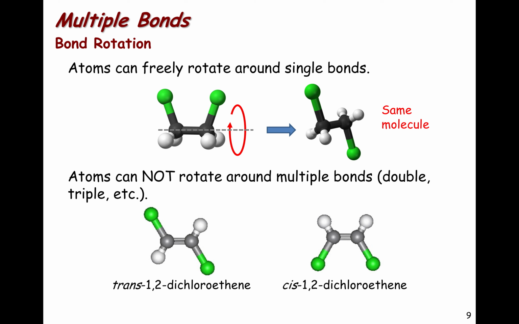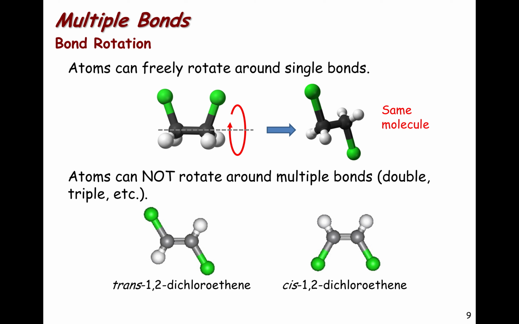Alternatively, if there are double bonds between the two central atoms, as we see here in what we call 1,2-dichloroethene, in that case, the rotation around a double bond is not completely symmetric with respect to the orientation of all the groups.